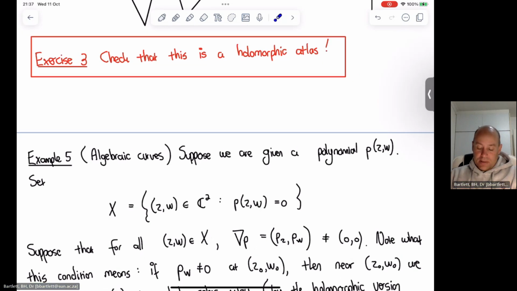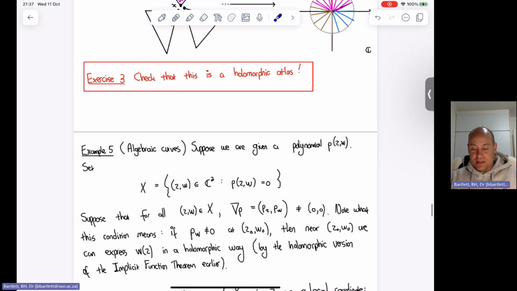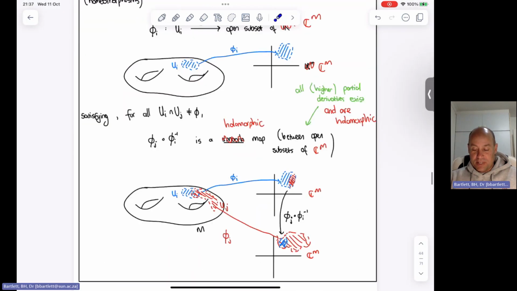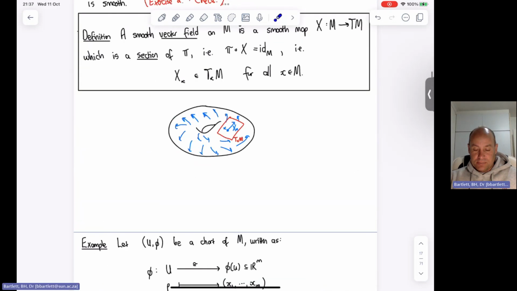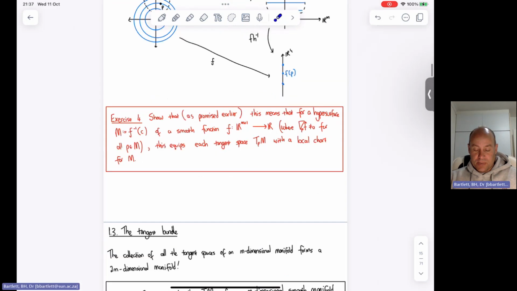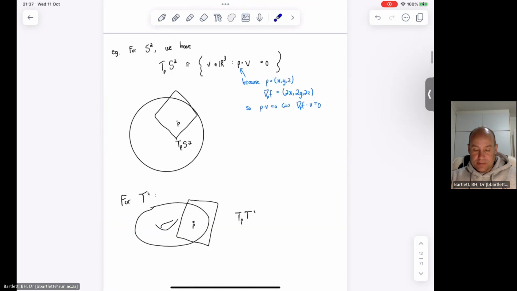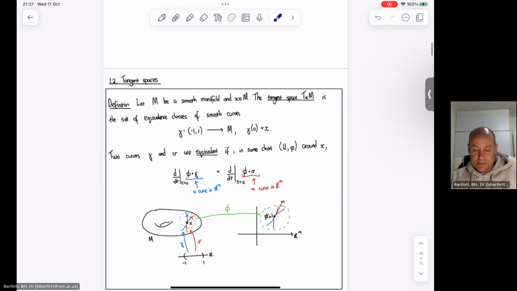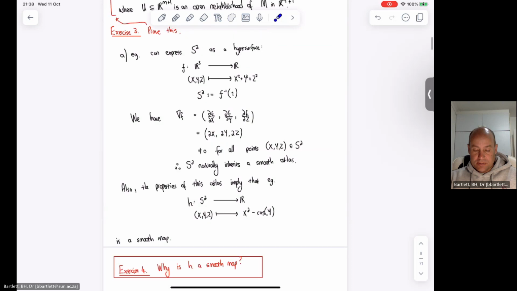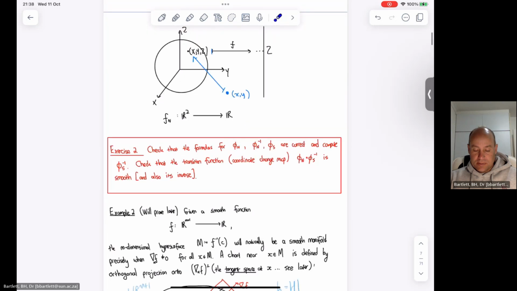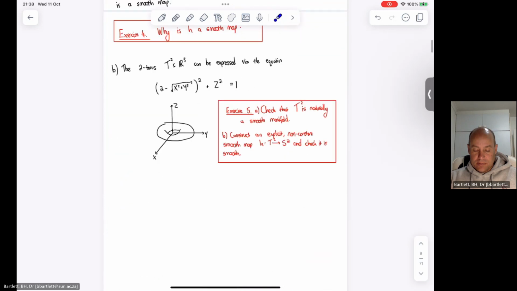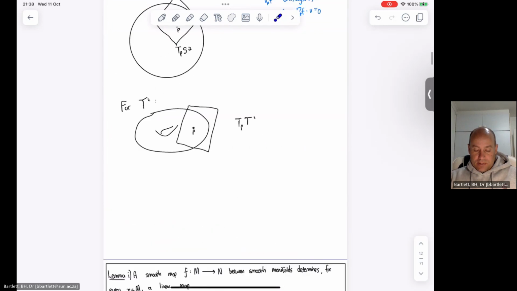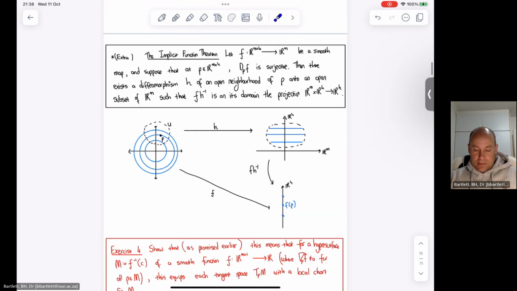Okay. We had this condition before, if you remember, in the implicit function theorem, which was way back here. Yeah, right.